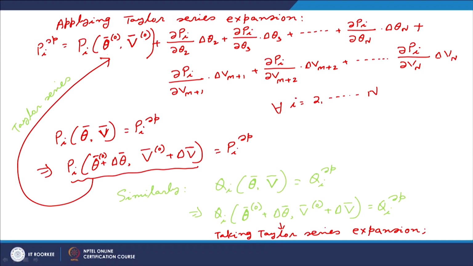Similarly, this expression we also call Pi calculated. Here also in the expression of Pi we substitute the initial values of theta and the initial values of V, and then we get numerical values of Pi. So, that is the calculated value of injected real and reactive power with the initial guess of angle and voltage magnitude.